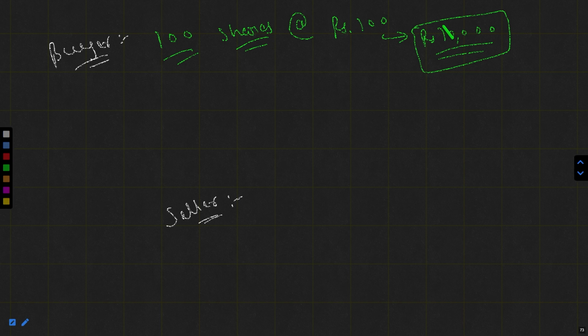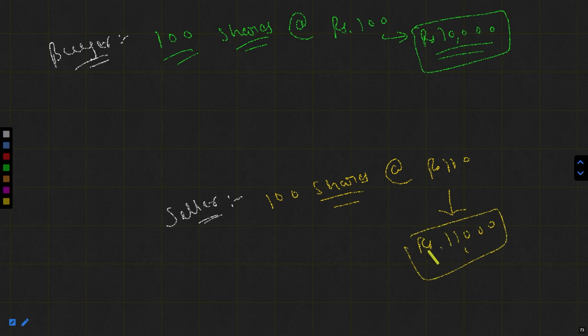Until the situation is this, the buyer will not initiate the process of trading, right? Similarly, if we talk about the seller, until the situation is 100 shares at rupees 110, it means that the total amount he is required to receive is rupees this one. Until the situation is this, he will not sell the share.